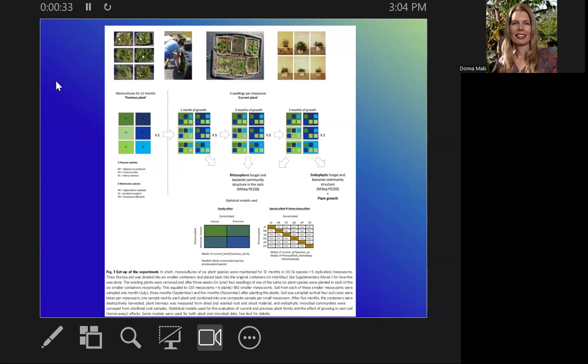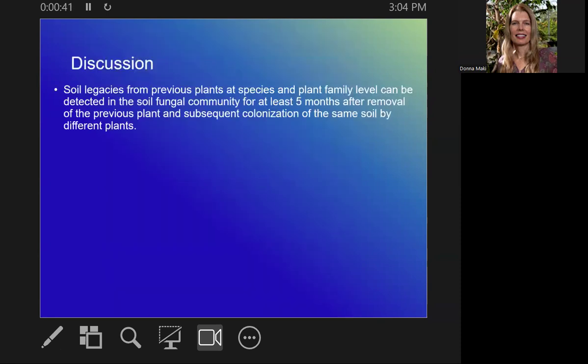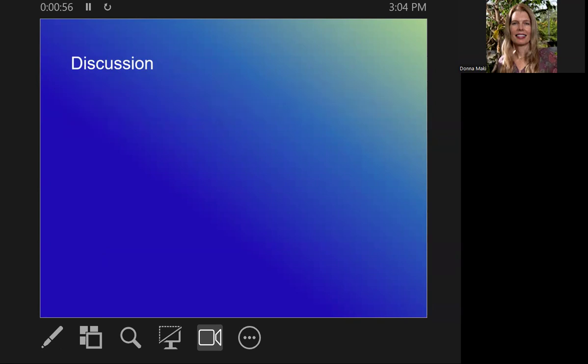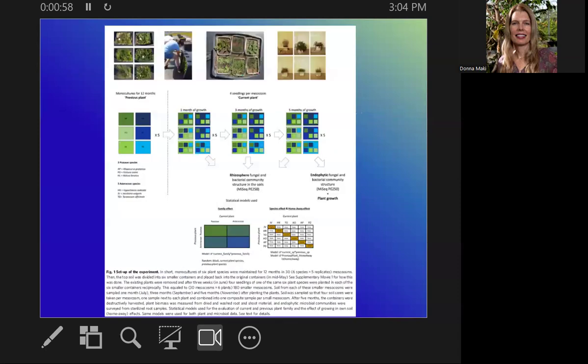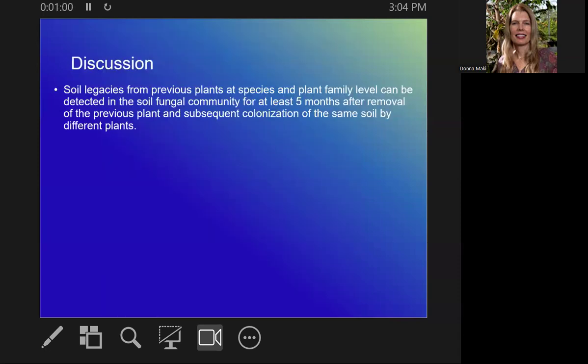Okay, so they're looking at what's happening in the soil, what's going on with endophytes. So when they were collecting their data and looking at it, they did see a soil legacy. So the previous plants that had been grown for a year in those pots of soil, and they saw that the fungal community, what happened there?